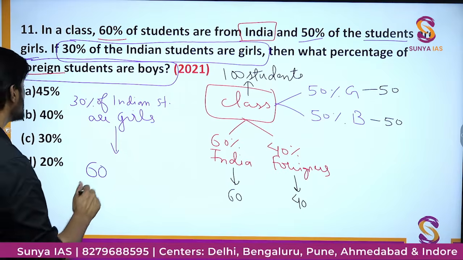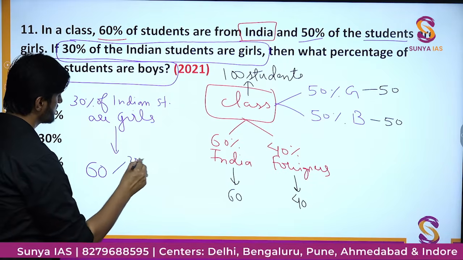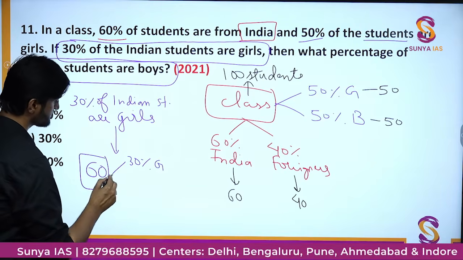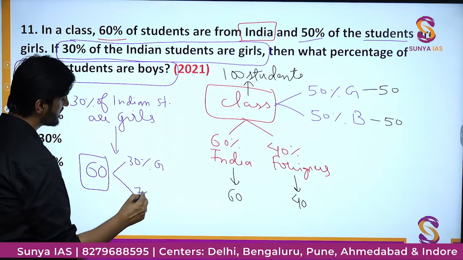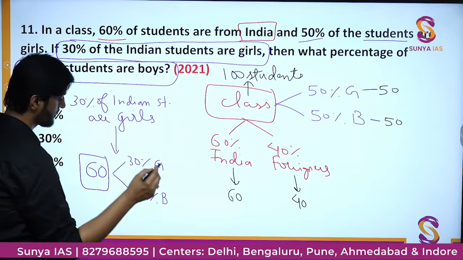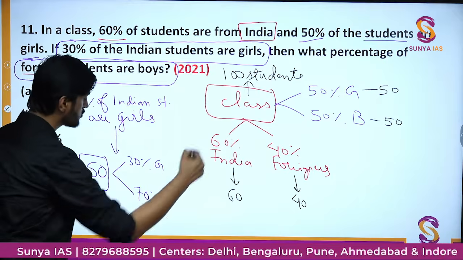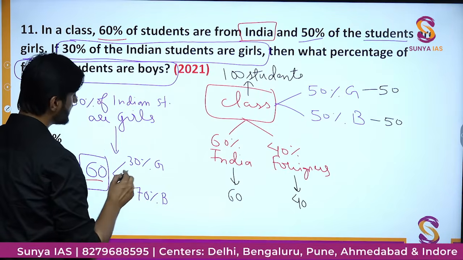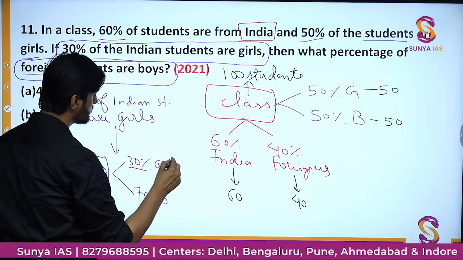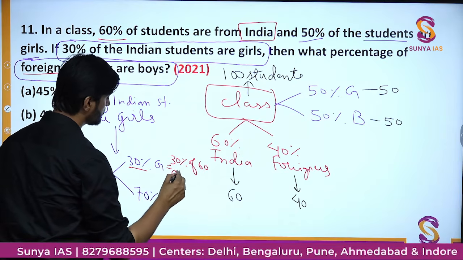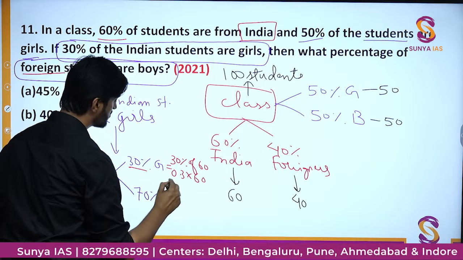Okay, and out of them 30% are girls, which will mean the remaining 70% will be boys. Okay, so if 30% of these Indian students are girls, so 60 into 30%, it is going to be 30% of 60, which can be written as 0.3 into 60, which would be nothing but 18.